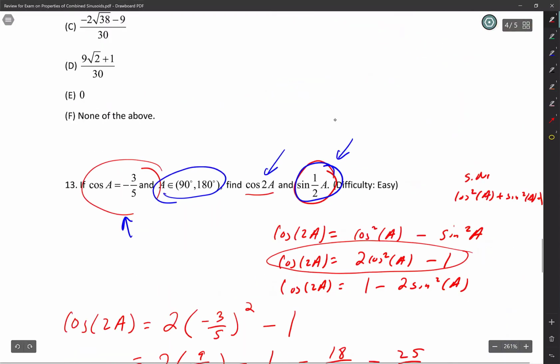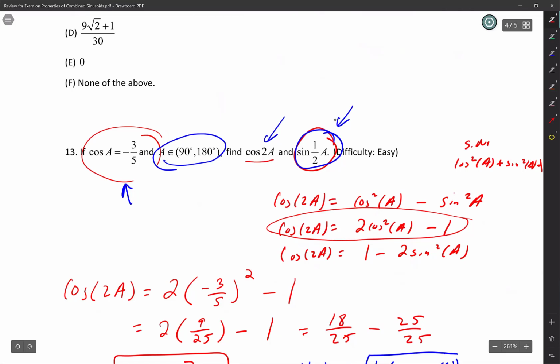Well, I guess technically if you want to double the a, you can see that you're going to be in a quadrant where 2a is negative. So let's see. Double of 90 is 180. Double of 180 is 360. So between 180 and 360. Well, I take it back.